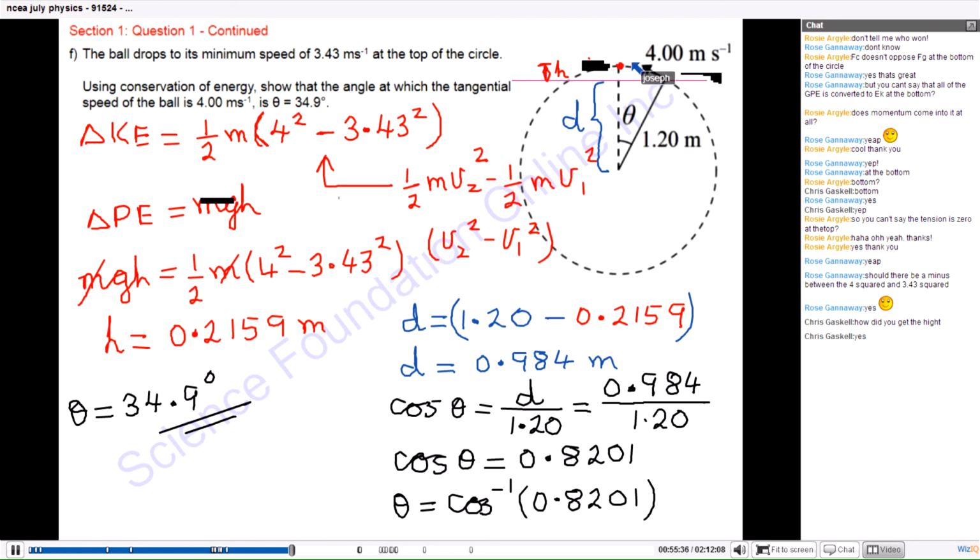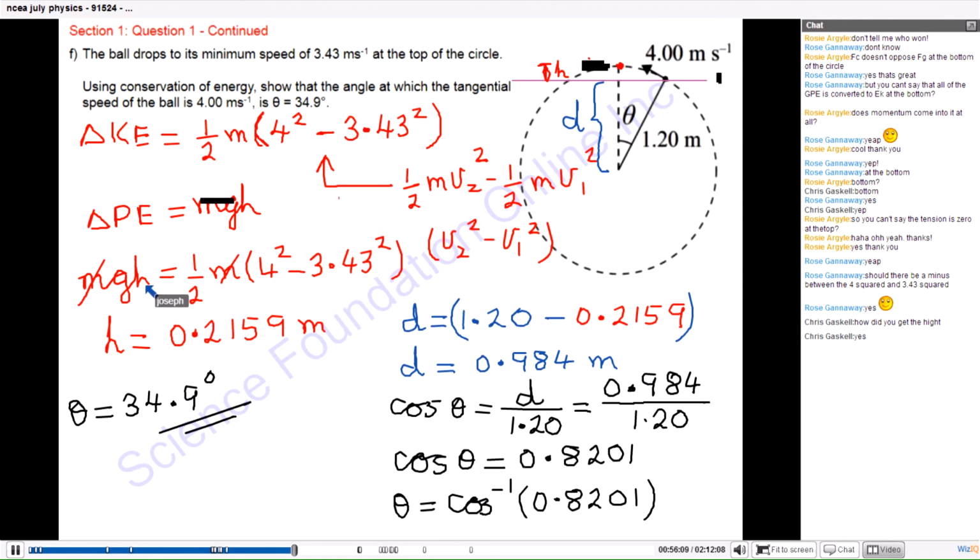That equals the difference in kinetic energy. That's going to be half m v squared here minus half m v squared at the top. Half m times 4 squared, that's the kinetic energy here, minus half m times 3.43 squared, which is the kinetic energy at the top. So by getting the difference in kinetic energies there and equating it to mgh, where h is the vertical height difference, that's what I've done here.